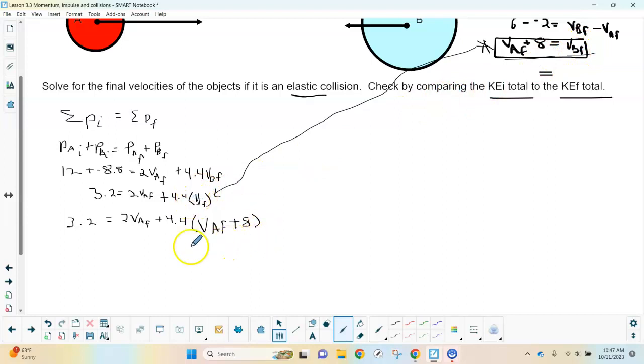So all we did was substitute in this VBF. When we distribute the math, it turns out to be 3.2 equals 2 VAF plus 4.4 VAF, because I multiplied 4.4 times that one, and I also have to multiply it by 8. So 4.4 times 8 is 35.2.